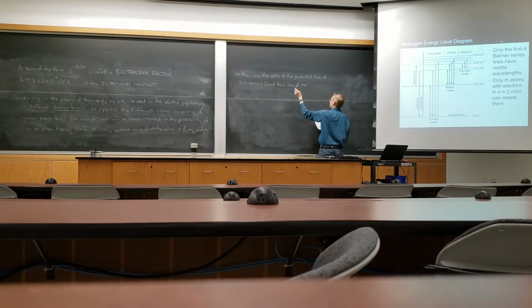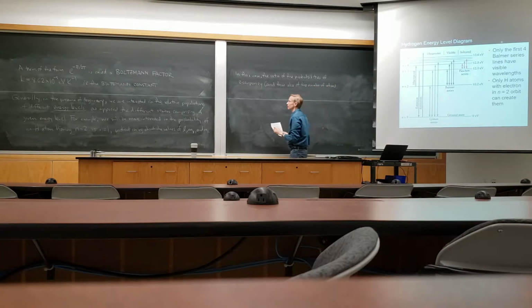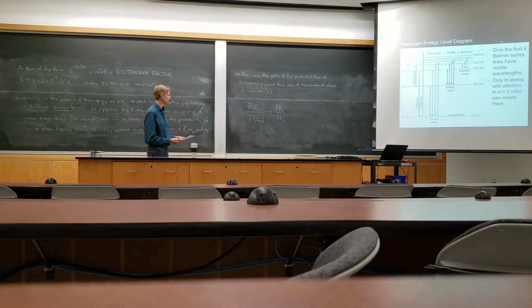We have some big sample of them. It is the probability of energy B divided by the probability of energy A, which will be also the same thing as the ratio of the number of atoms in level B, energy B, divided by the number of atoms in energy level A.